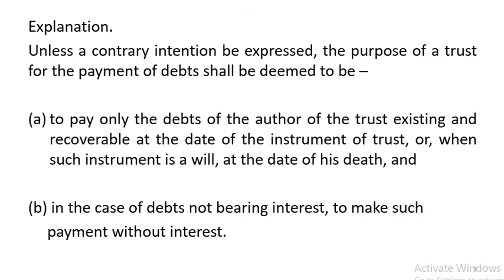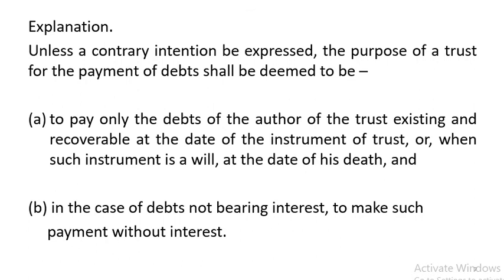Here the actual object of the creation of the trust is to pay the debts. That's all. Then what we should do is we must pay the debts of the author of the trust on the date on which the trust deed was executed.